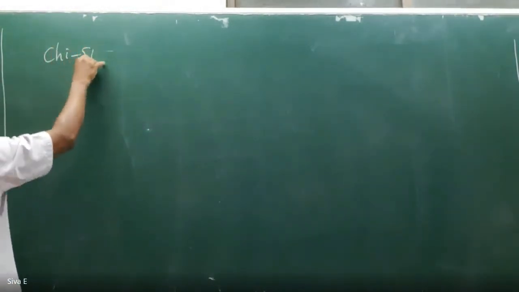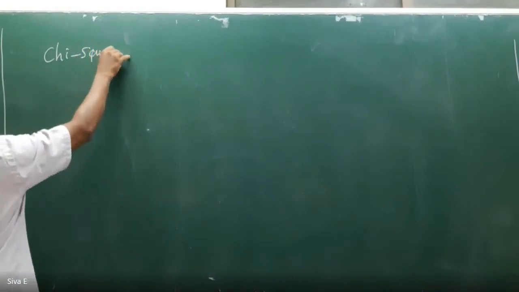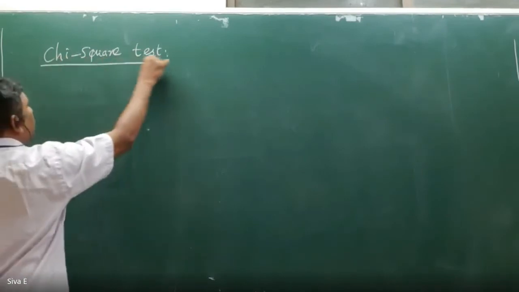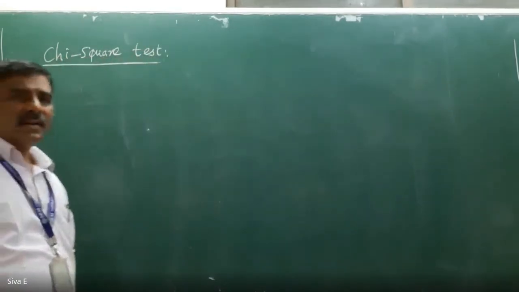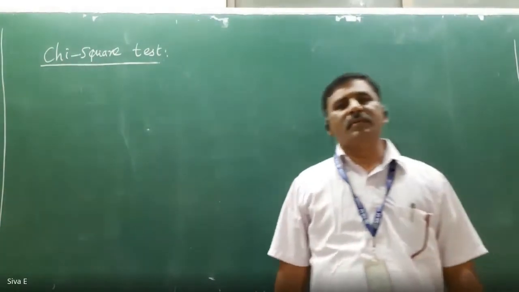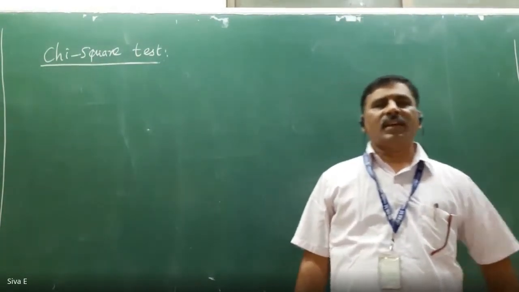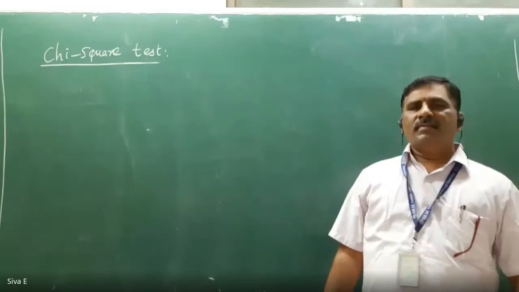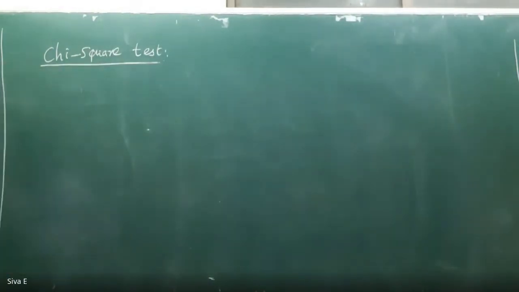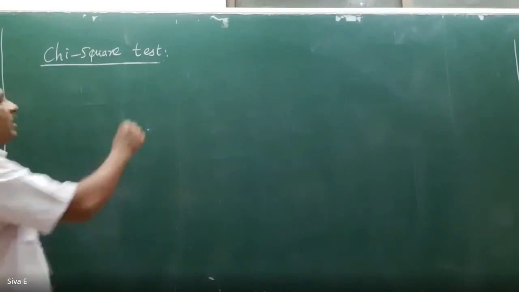Chi-square test. Somebody pronounces it chi-square, but it is actually chi-square test. How to write the chi-square notation?